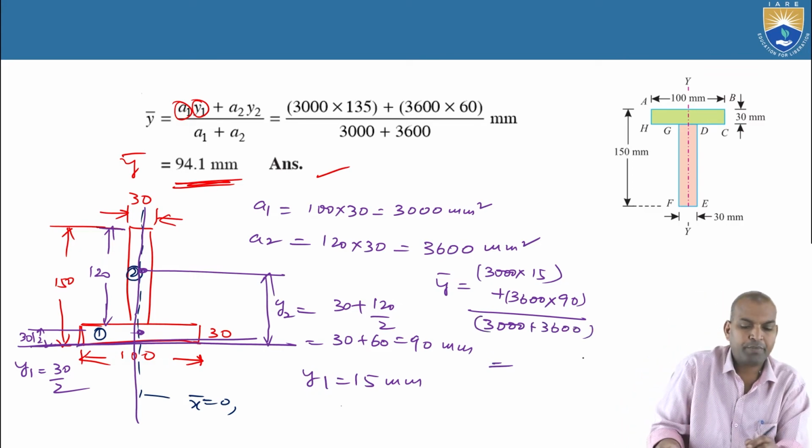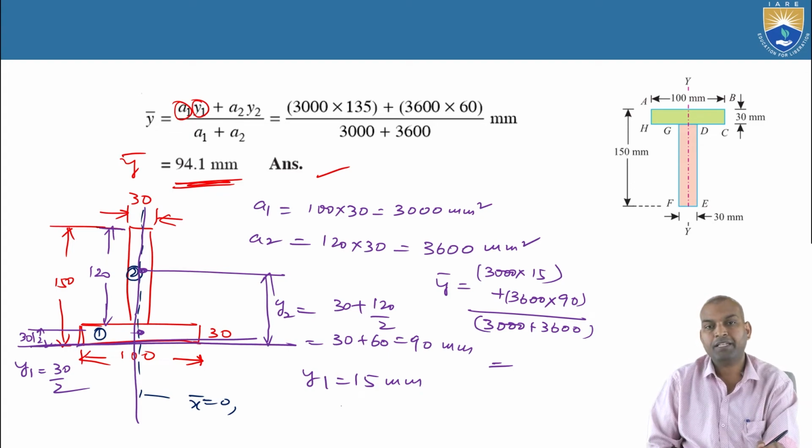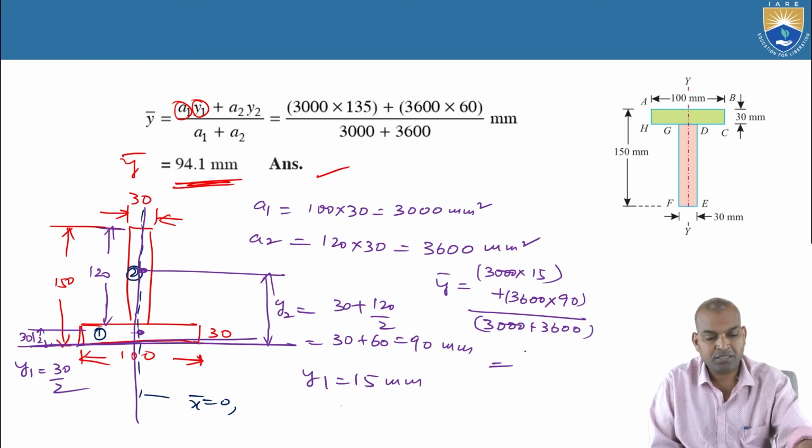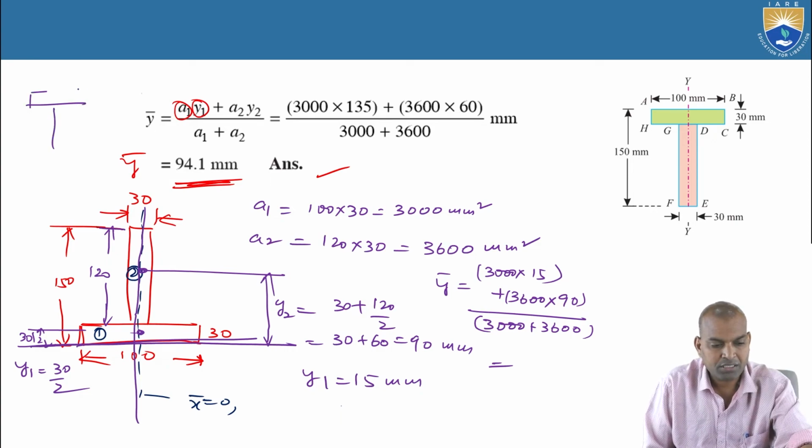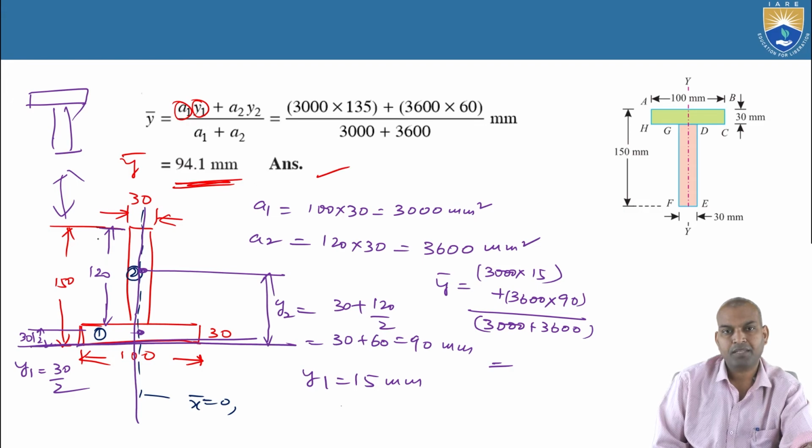So you calculate the bar Y value when it is the tilted T section. If we calculate the bar Y value, it is entirely different from the value we get when we consider the other T section. You'll get it.